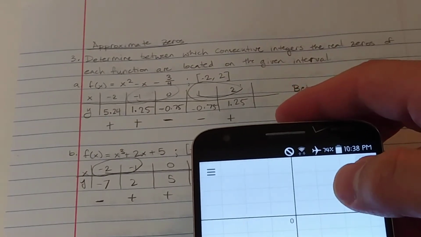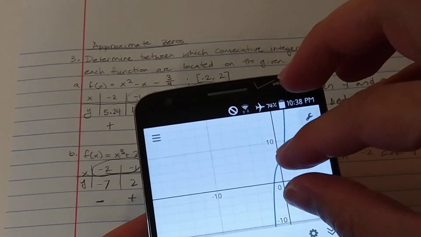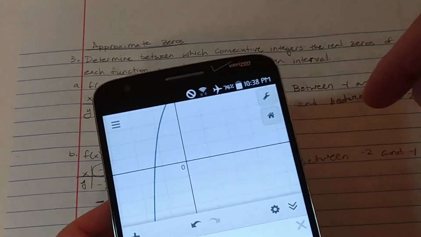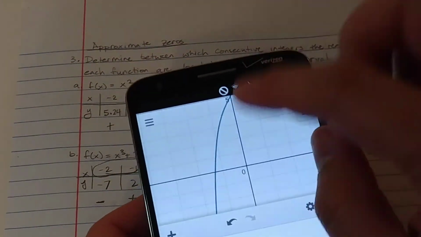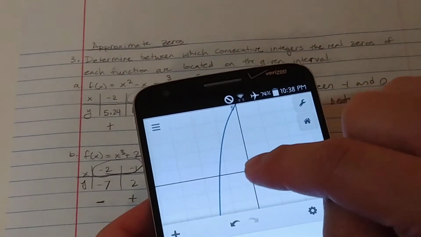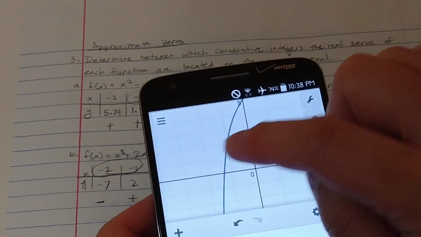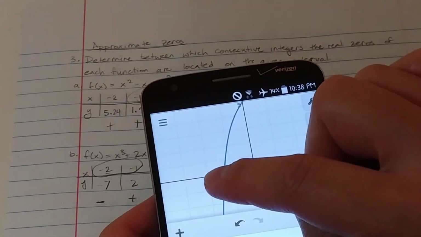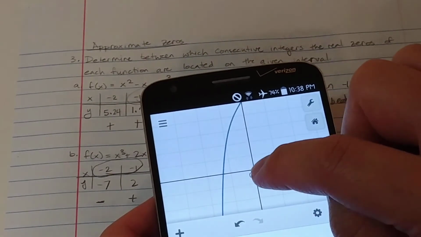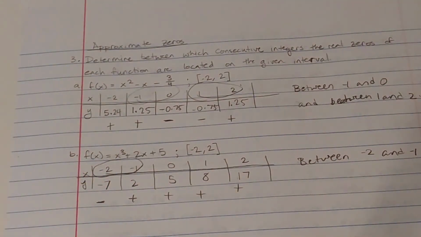Let's look at the second graph. Now this is a pretty big graph. Luckily, they gave us the interval from negative 2 to 2. So from negative 2, it only has an x-intercept once right there. What number is that in between? It's in between negative 2 and negative 1, just like what we said. And that's that.